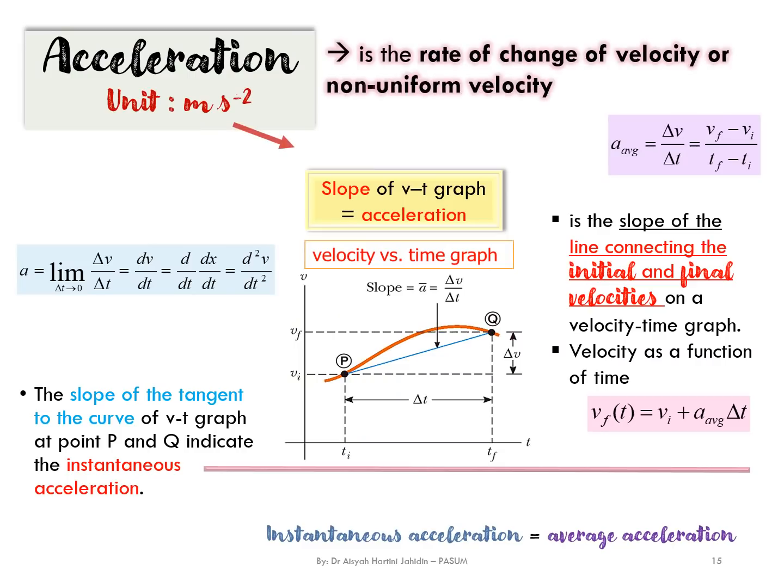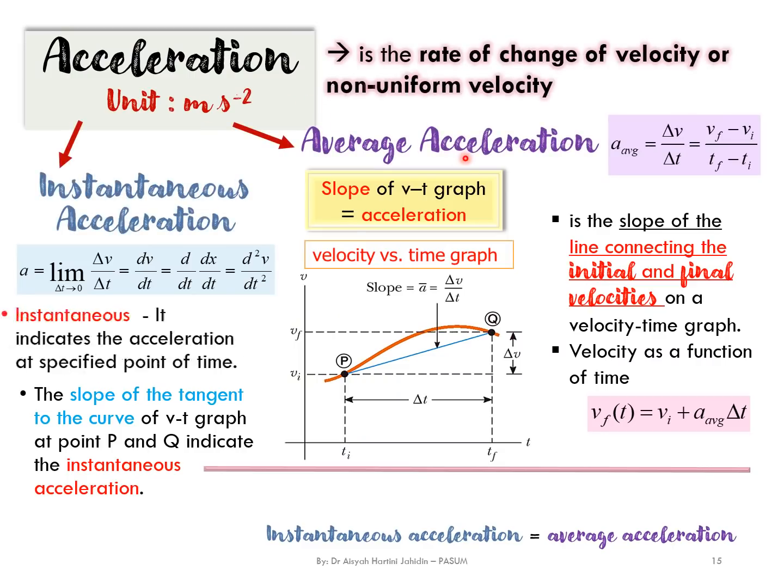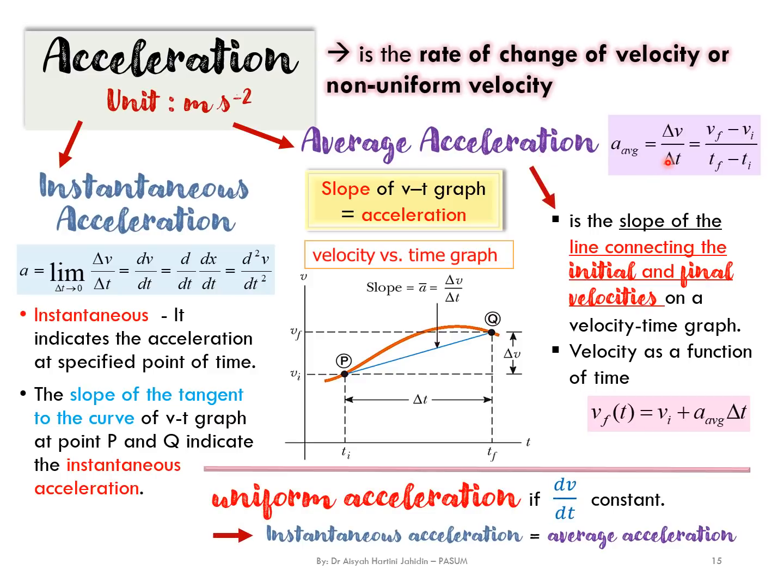For the acceleration, we can find the average acceleration by calculating the change of velocity over the time interval. This value is represented as the slope of the velocity-time graph. The instantaneous acceleration refers to a certain point of the graph.